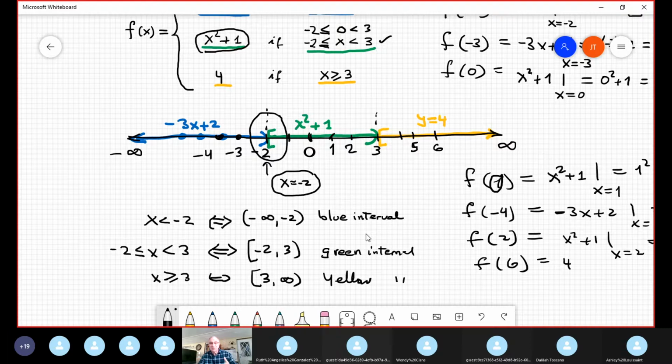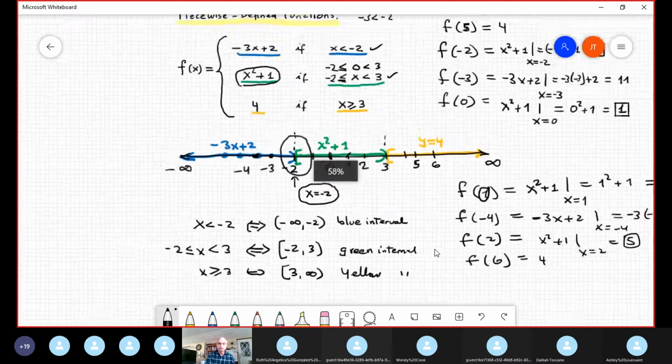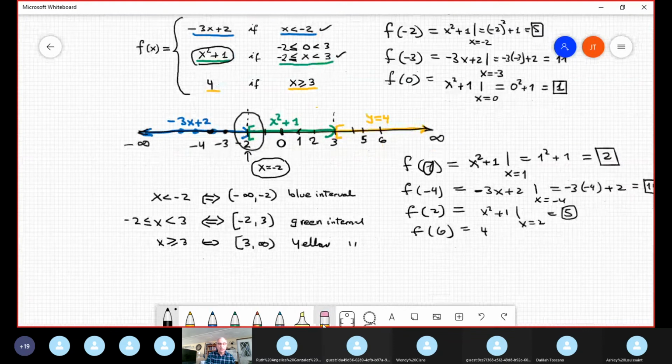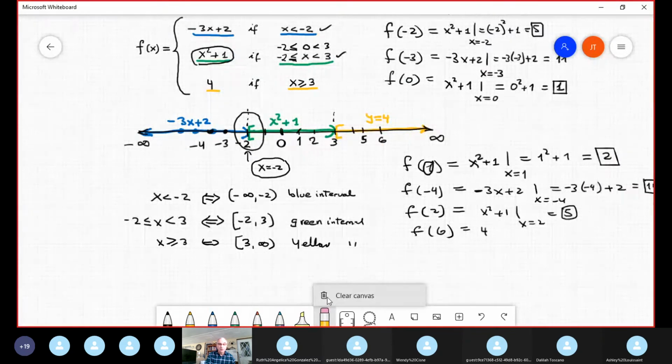So the complicated part is discovering in what interval it lies, and this allows me to select the expression. When you select the expression, just plug in the value and end of story. Crystal clear or no? Clear. Super. Very well.